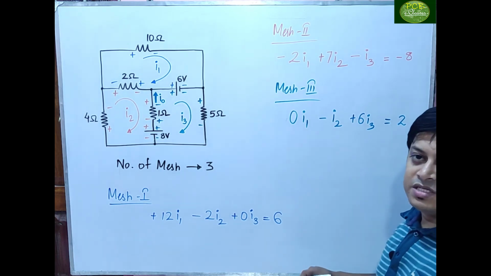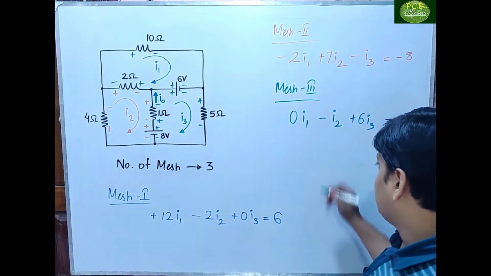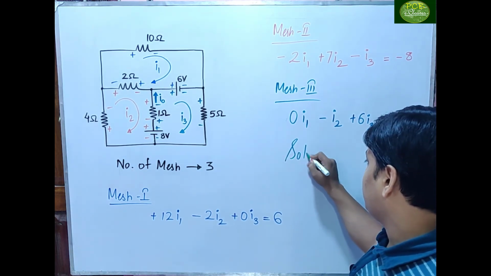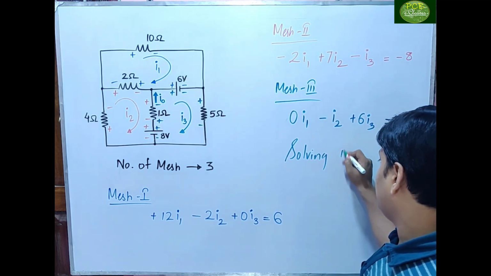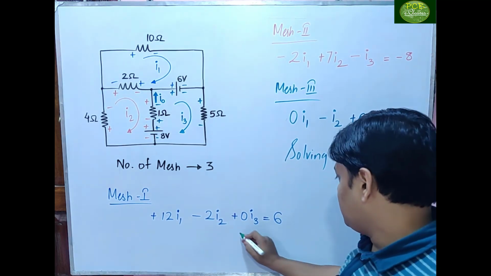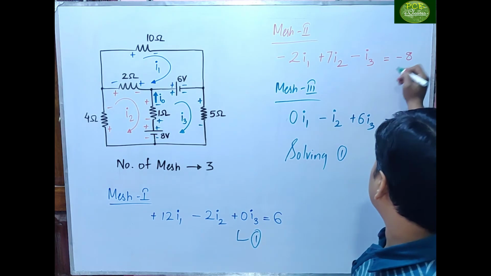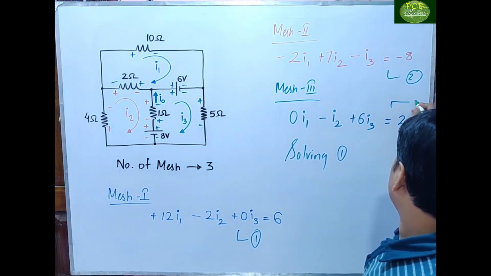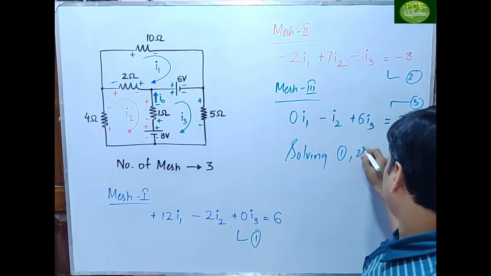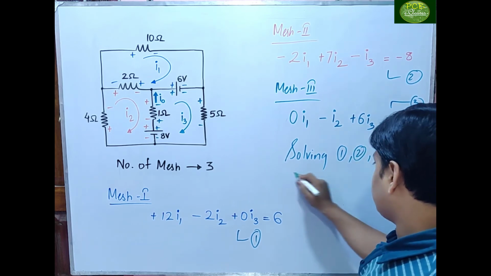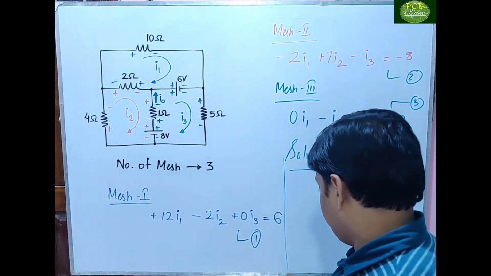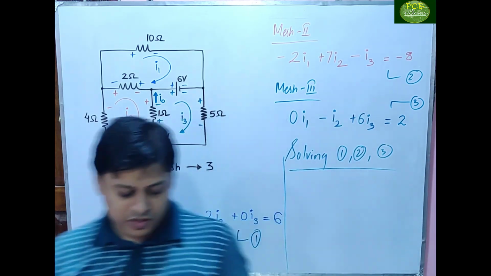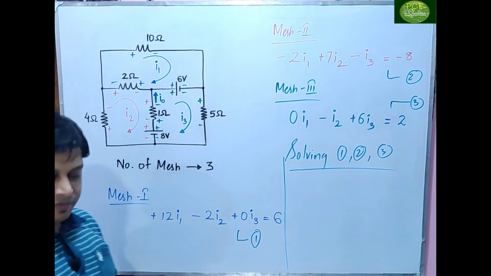Mesh 1, mesh 2, mesh 3 equations. We have got it. Solving. Let us take this one as 1, this one as 2, and this as 3. Solving 1, 2, 3. What we are getting? You can calculate it.